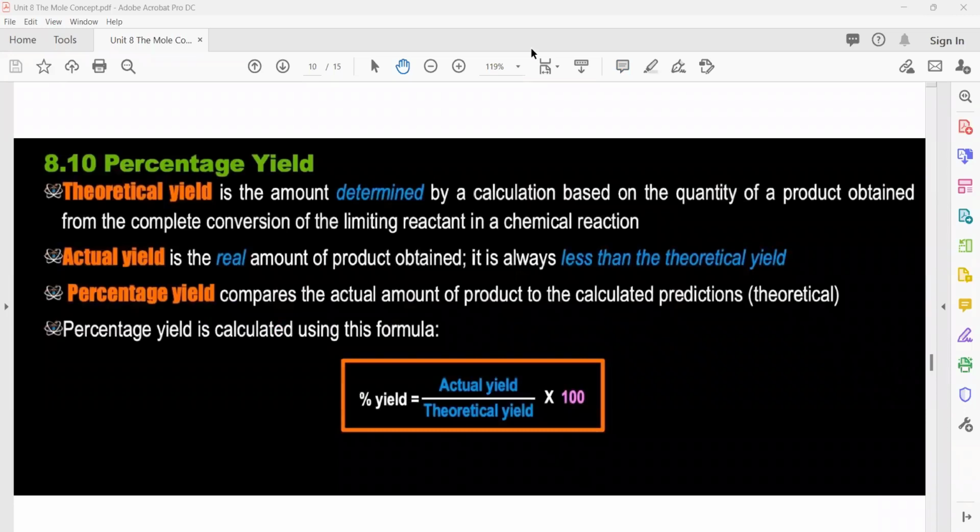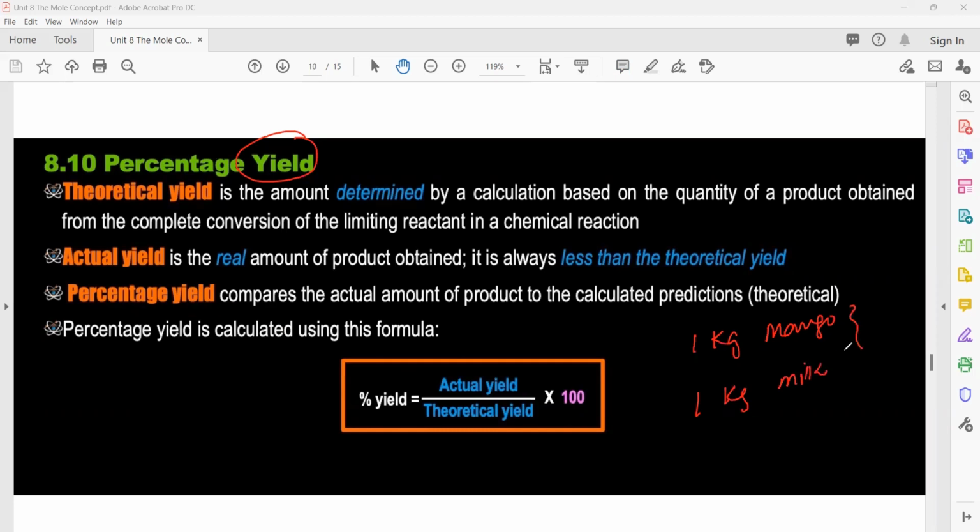Then you have the percentage yield. Percentage yield means product. When you are making a chemical reaction, for example, now very simple, I will tell you, Ahmed, take 1 kg mango and take 1 kg milk.